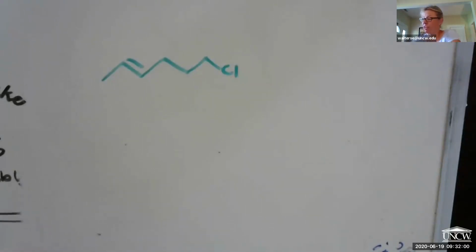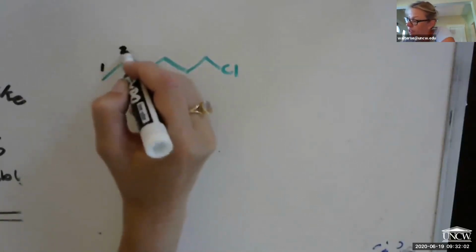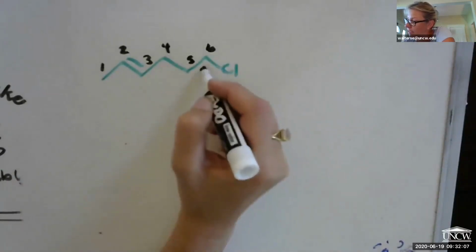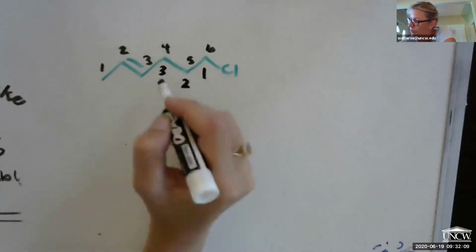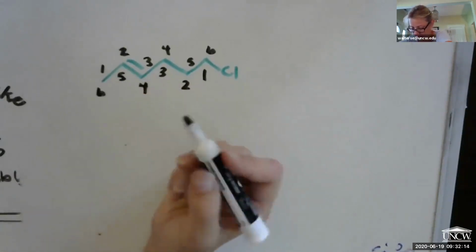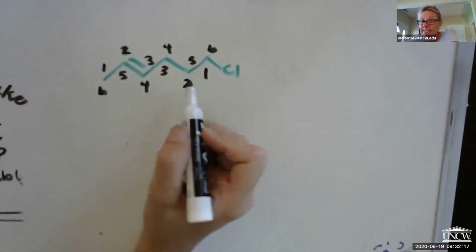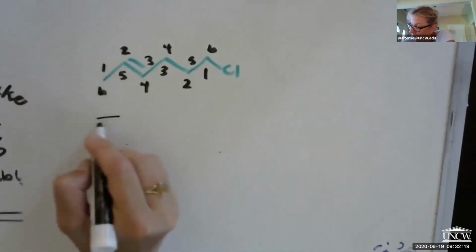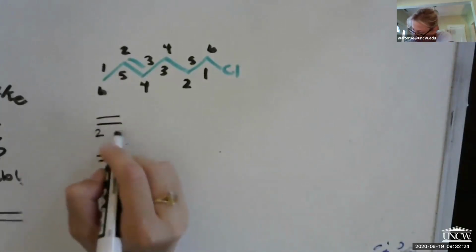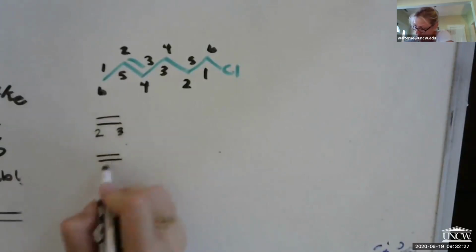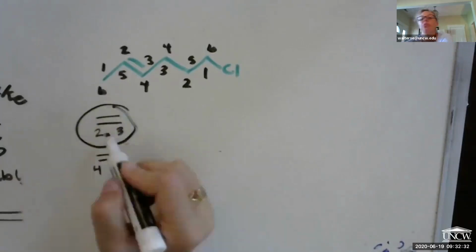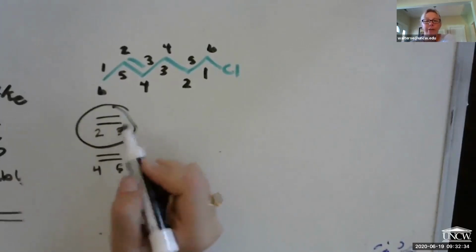So you have your chain, then you would number it. 1, 2, 3, 4, 5, 6. Now, in this case, the way you pick your number is on the positions given to the pi bond. So it could either be a 2 to 3, or a 4 to 5. Okay. 2 to 3 is lower numbers for the higher priority group.